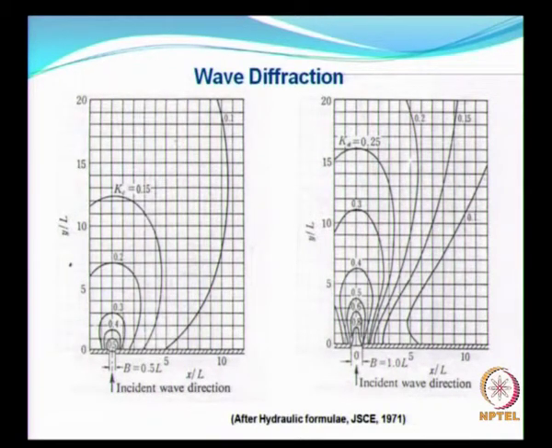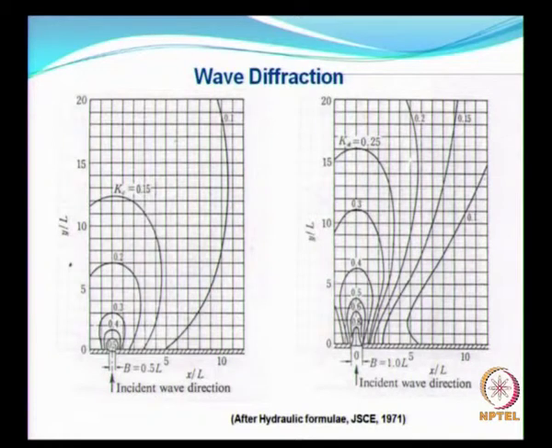In this picture, on the left hand side you see the breakwater, the distance between the two breakwaters B equal to 0.5 times the wavelength. You see those curves, those are the isolines of constant Kd, the diffraction coefficient.